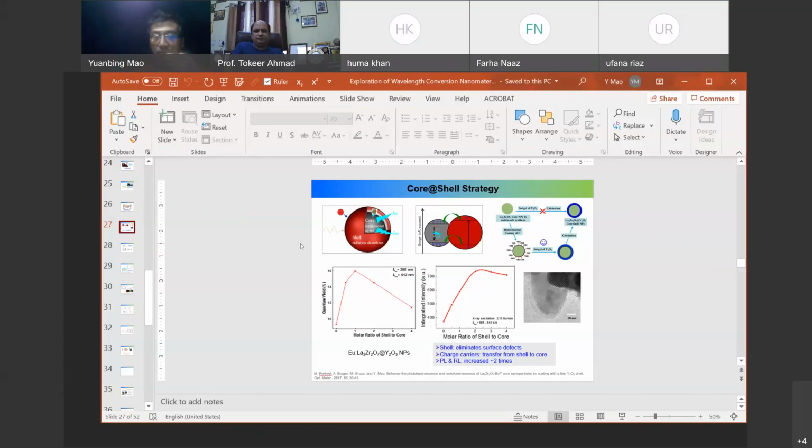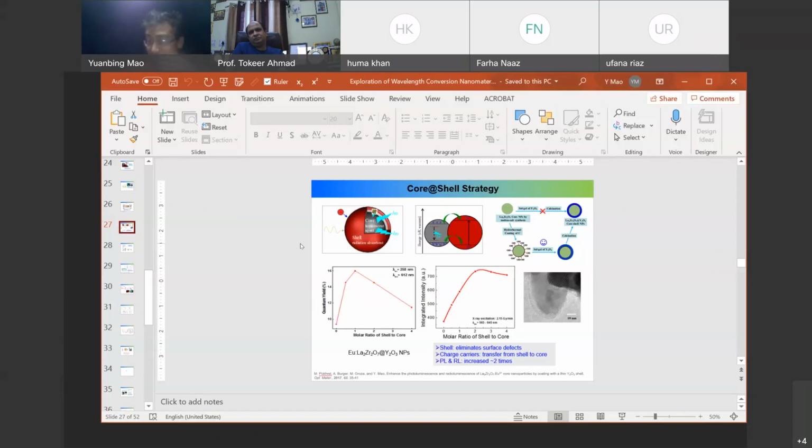So what if we combine organic and inorganic hybrid structures to design luminescent materials? I mean, will it be more feasible as compared to pure inorganic? Oh yeah, wonderful, it's a wonderful idea.